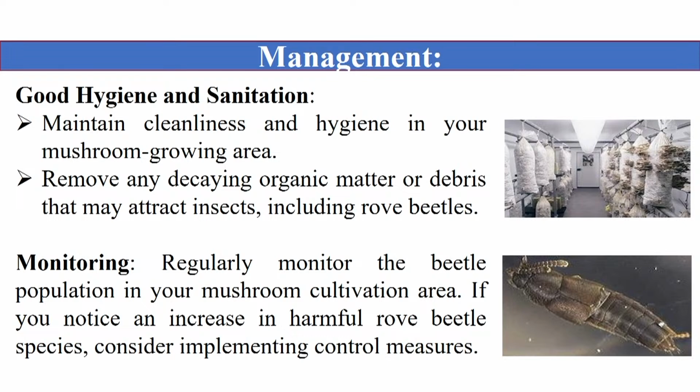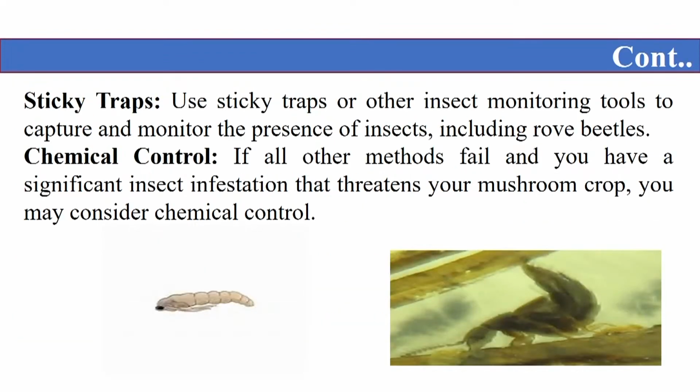Regularly monitor the beetle population in your mushroom cultivation area. If you notice any increase in harmful rove beetles around your growing area, you have to implement good control measures. Now about sticky traps: you can also use sticky traps to control the rove beetles.